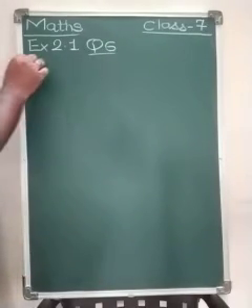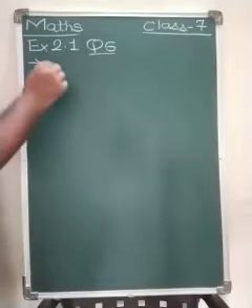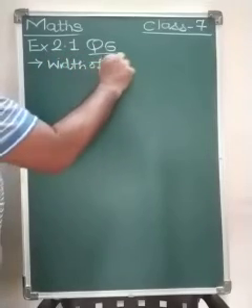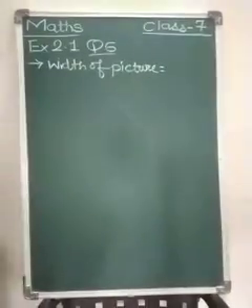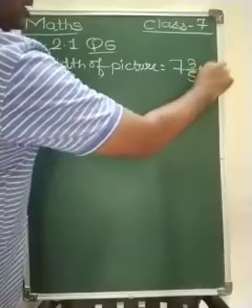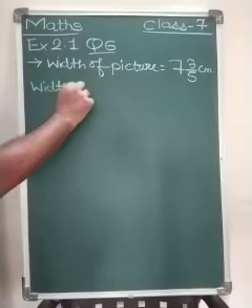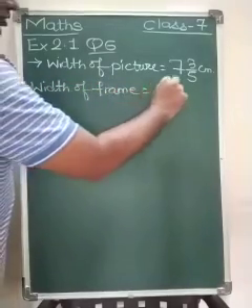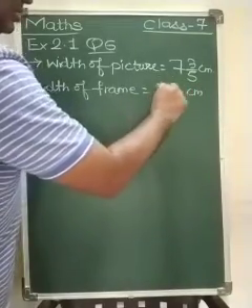So let us start with our solution. The information given is: width of picture equals 7 upon 5 centimeter, and width of frame equals 7 upon 10 centimeter.